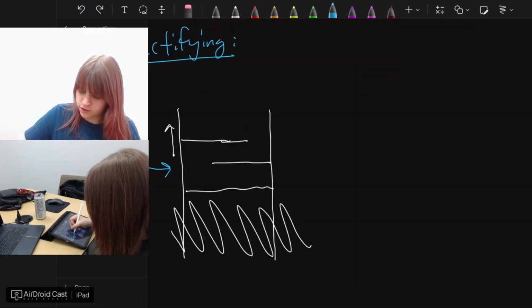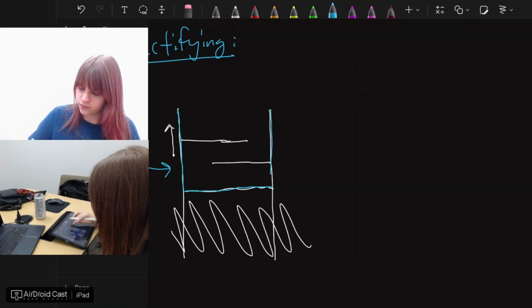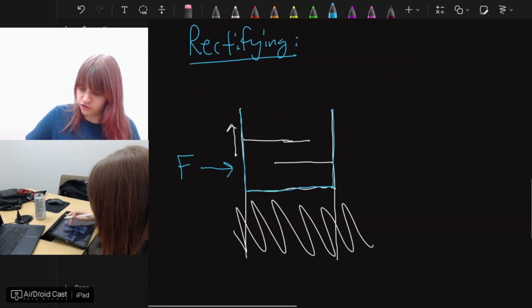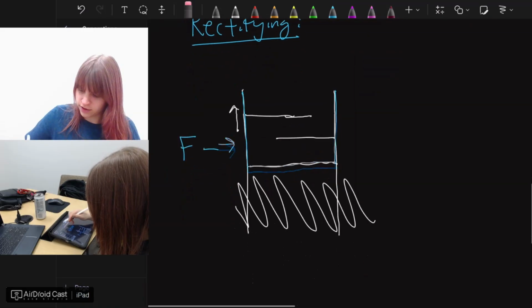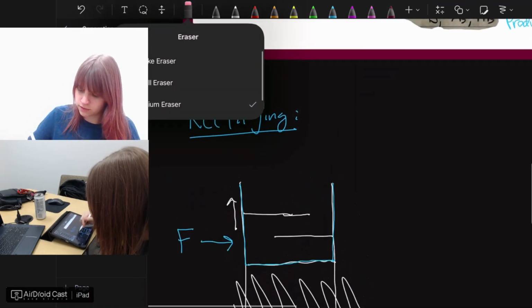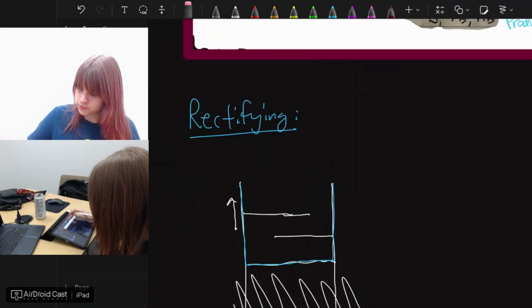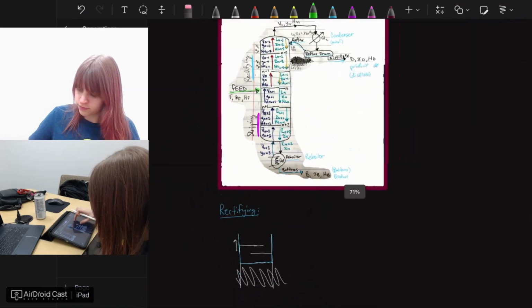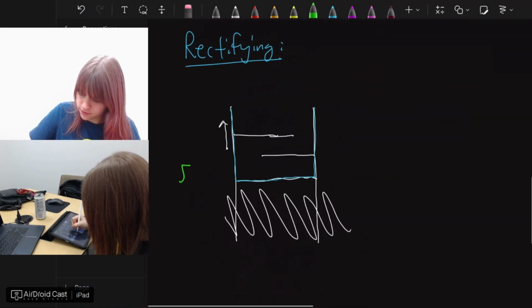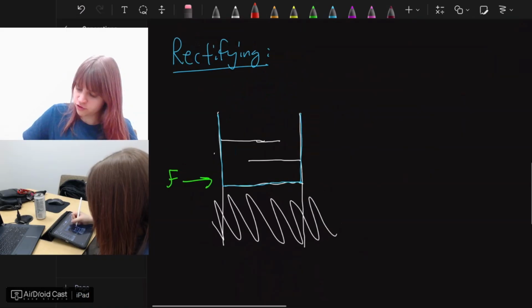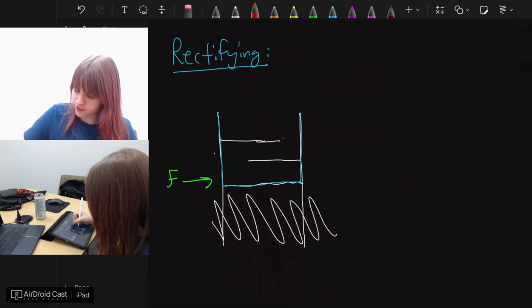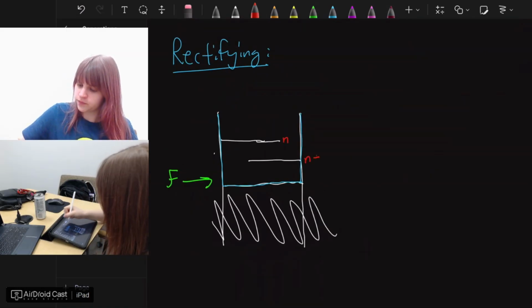So we're talking about the rectifying section up here. I'm going to change this feed so I can color code a little bit. We have the feed in there. This tray here will be our N, and this tray will be our N+1.